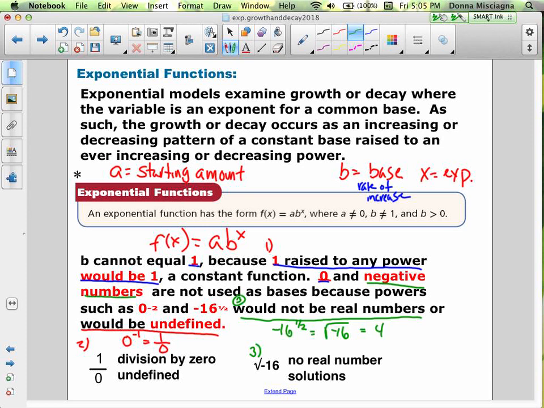That would be 4i. Well, we are not dealing with complex numbers in exponential functions, so that has absolutely no meaning for an exponential function. So our base is not going to be a negative number. So we looked at what our base can't be. Let's take a look at some more things about exponential equations. Our base can be anything else, just can't be 0, 1, or negative.